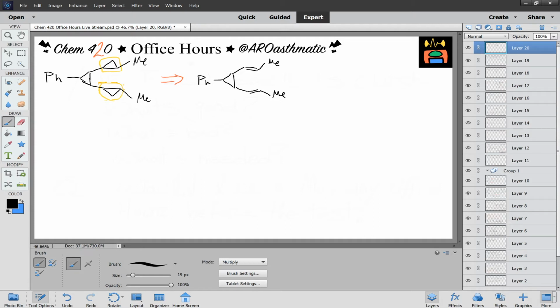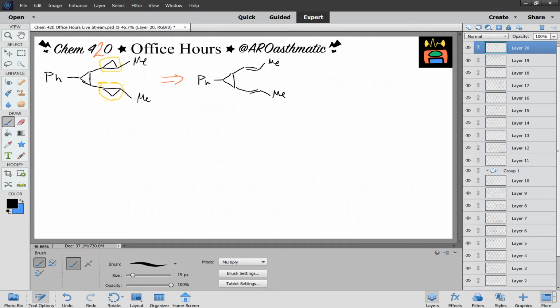If we had 2 trans alkenes, we could get this final product in one step simply by using two equivalents. This can be done through the Simmons-Smith reaction.